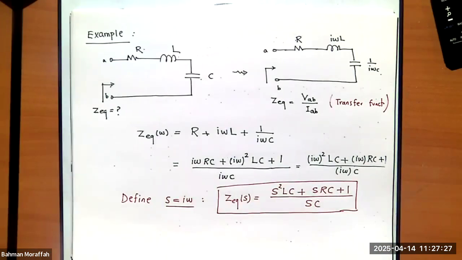Turns out here, with this transfer function, what is the first thing you notice? The first thing you notice is that if you look at the numerator and denominator, they're both polynomials. They've got different degrees, but nonetheless, they're polynomials.